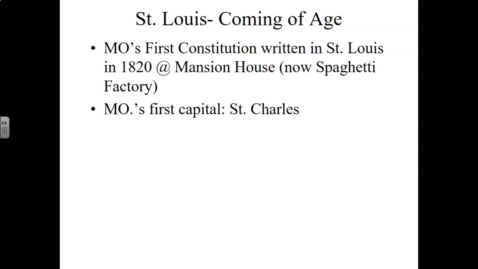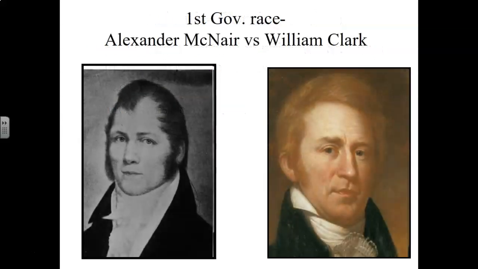And so we'll take a real quick look at the impact of us becoming a state. Obviously, since we became a state, then we had to have some politicians run for various offices. For the governor's race, we had famous explorer and traveler William Clark versus Alexander McNair.